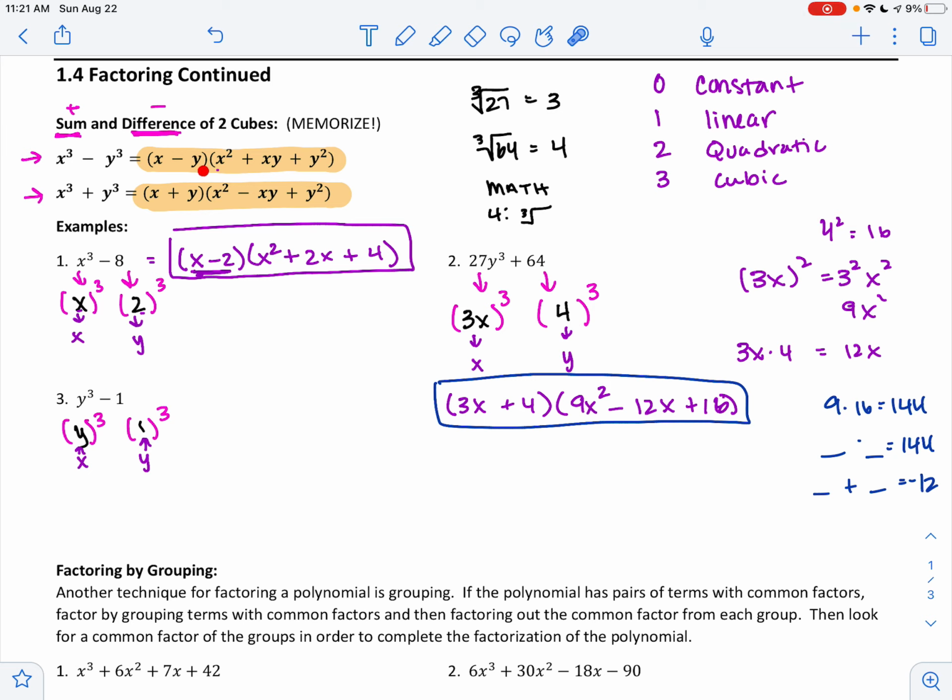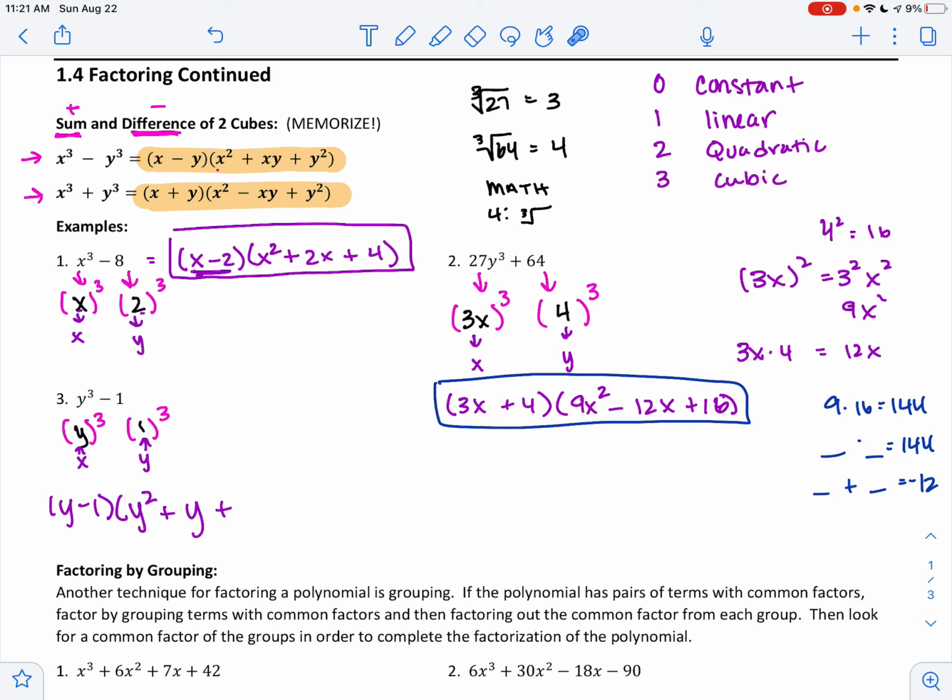X minus y. So that's going to be y minus 1 times x squared would be y squared plus x times y. Y times 1 is just y plus y squared.